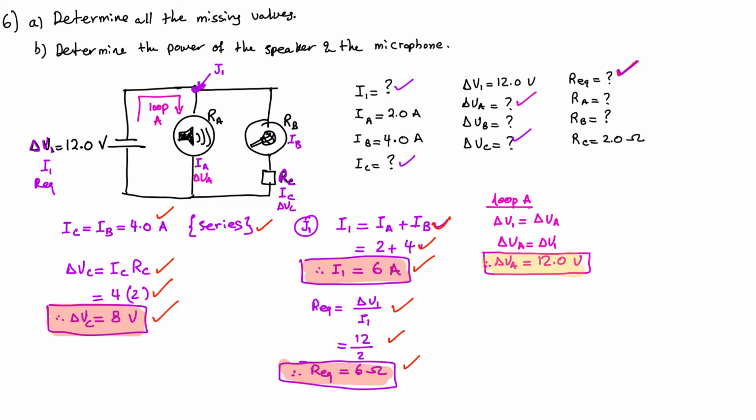Based on my equations, RA is going to equal delta VA, the potential difference across A, over current A. You can write this in many different forms, but this is the rearranged formula, and this is going to be 12 divided by the current across A that I had found previously, or sorry, I had the number for, and that's just 2. When I divide, I get 6 ohms, and I'm going to highlight or box my answer, and here we go.